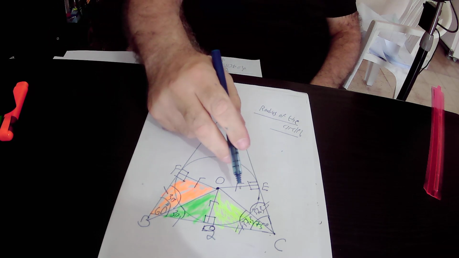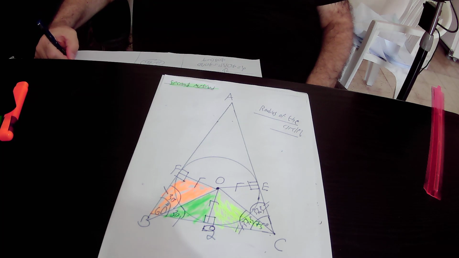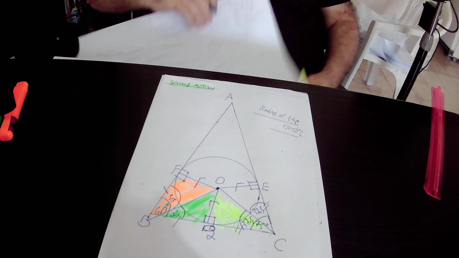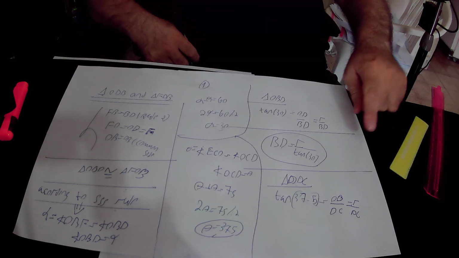OD equals R, so we substitute OD by R over DC. Here we found out that tangent 37.5 degrees equals R over DC.